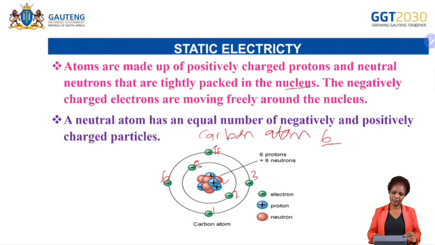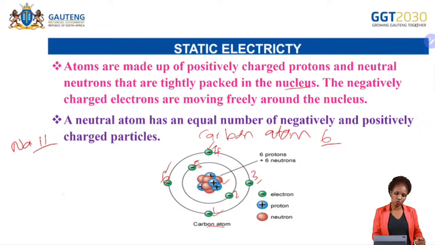But in this case, on the outer shell, that is the second energy level, we've got 1, 2, 3, 4. All right, and we add that to the electrons in the first energy level, which is 2, then it becomes 6, then it is the carbon atom. But if we take, for example, sodium, it is Na 11. The atomic number is 11.